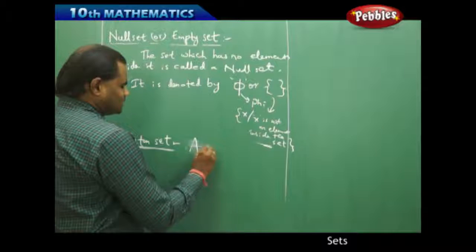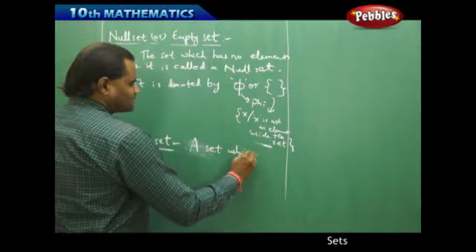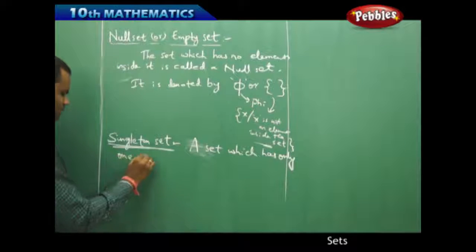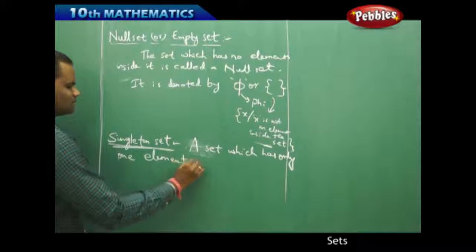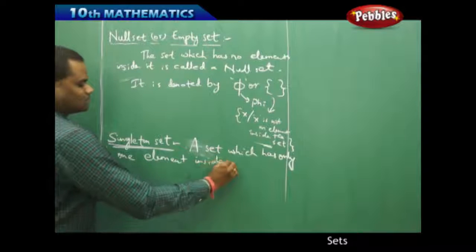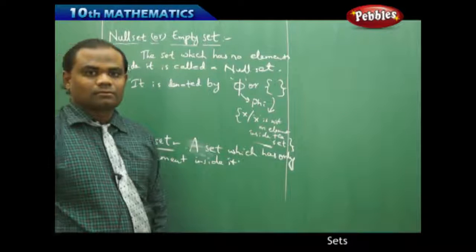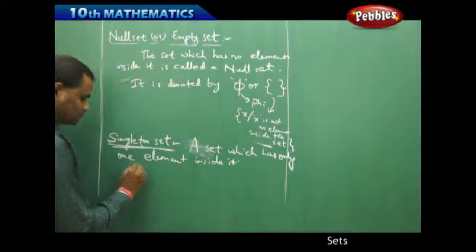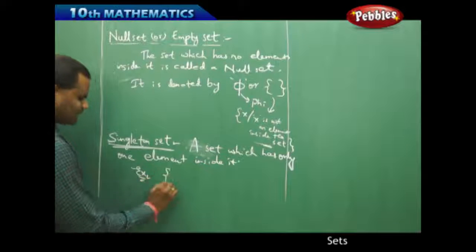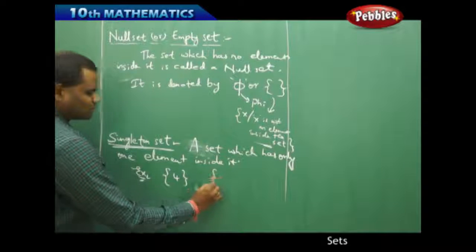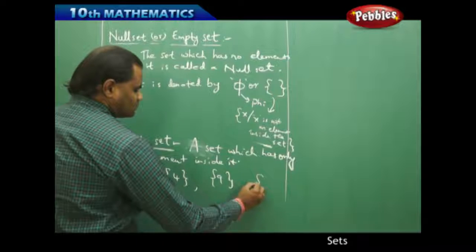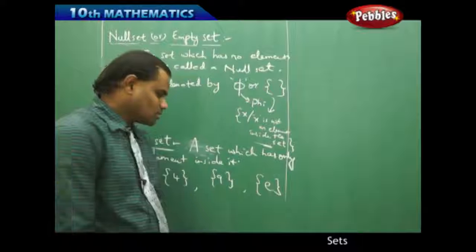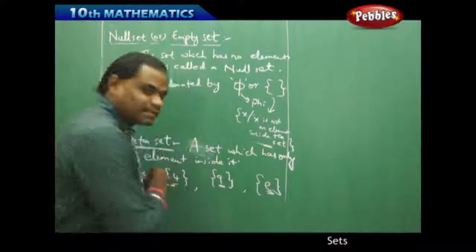So a singleton set is a set which has only one element inside it. There are many examples you can take. For example, I take 4, 9, E. These are all singleton sets because I have only one element inside the set.